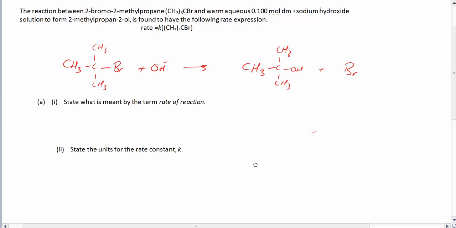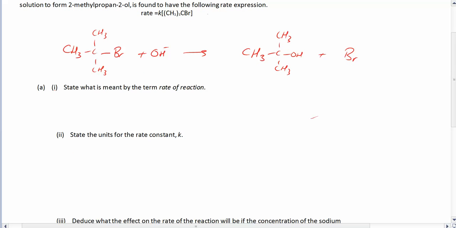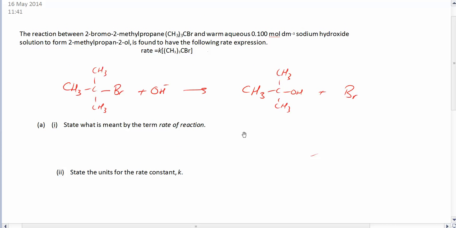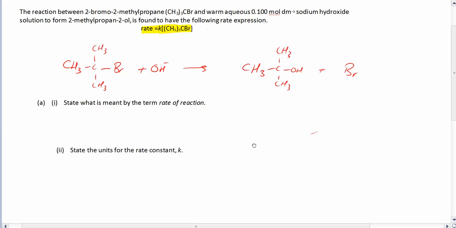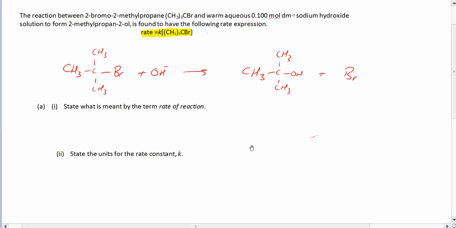Now, you'll notice that the rate expression that we have there only includes the 2-bromo-2-methylpropane and doesn't have hydroxide. So in this case, it's going to be first order with respect to the 2-bromo-2-methylpropane.